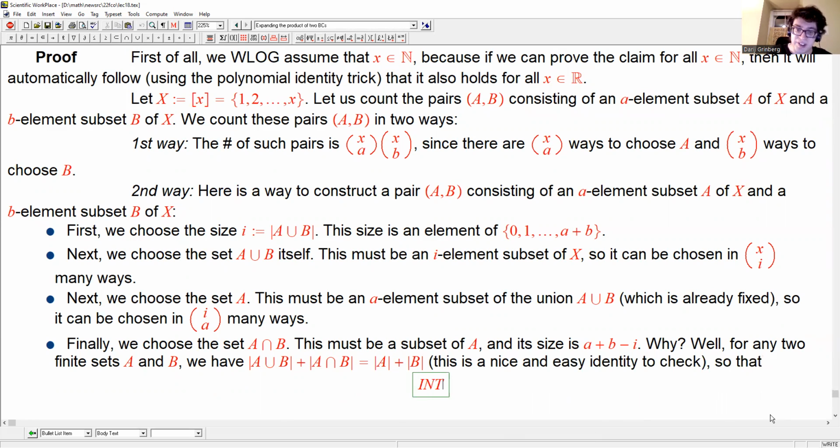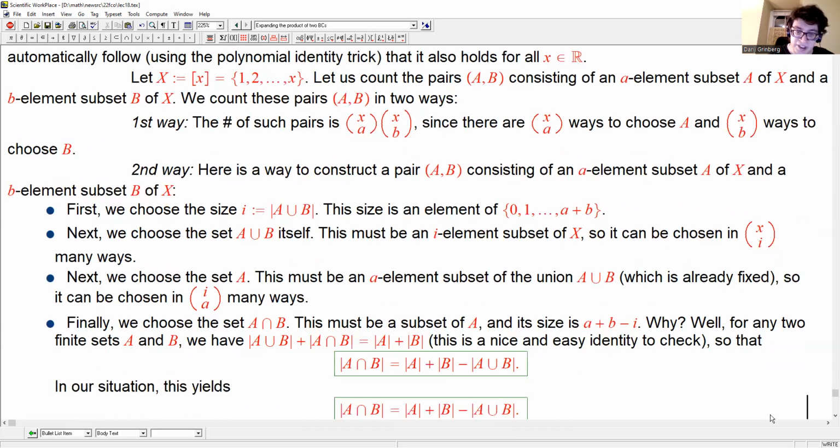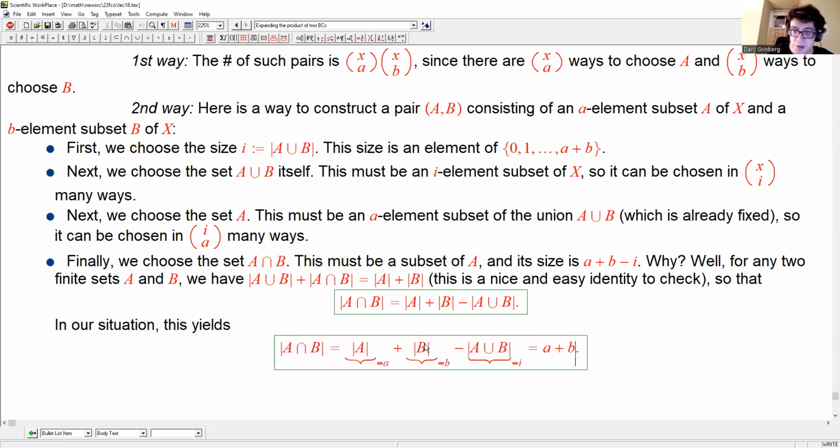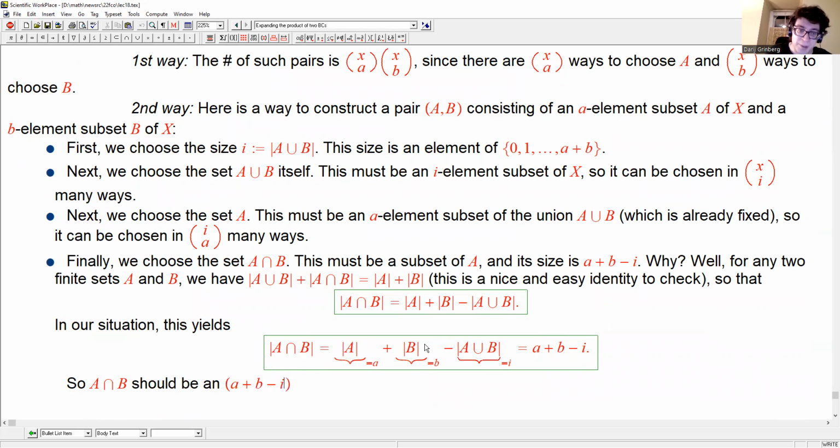But as a consequence, the size of the intersection is the sum of the sizes minus the size of the union. And in our situation, the size of A is a, the size of B is b, and the size of the union is i, so this should be a plus b minus i. So A intersected with B should be an (a plus b minus i)-element subset of A.